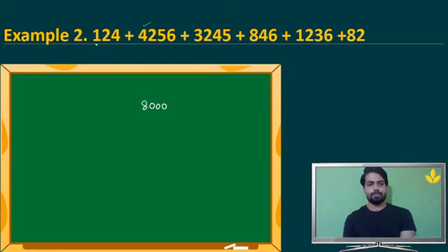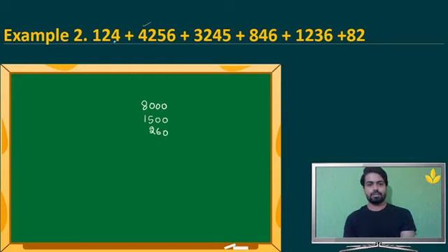Now coming to hundreds. 100 plus 200, 300. 500 plus 800, 1,300. 1,300 plus 200 is 1,500. So we have 1,500. Now coming to tens. 20 plus 50, 70 plus 40, 110 plus 40, 150 plus 30, 180 plus 80, 260.